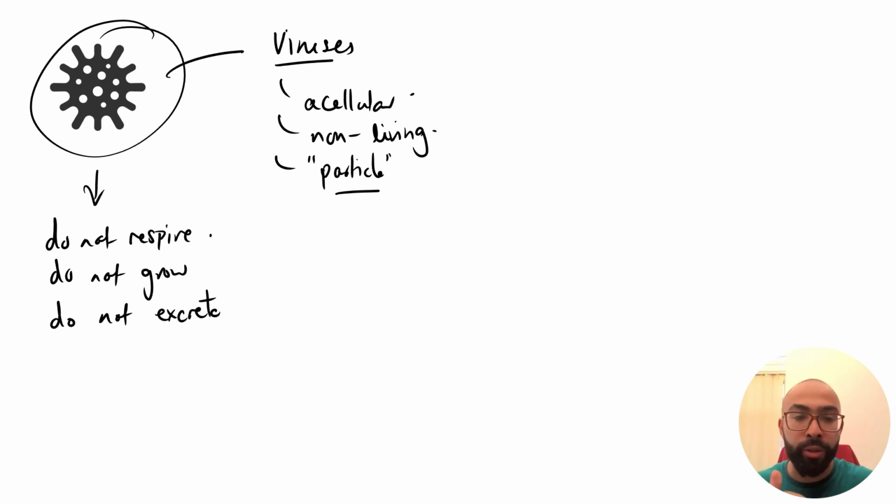They do not respire, they do not grow, and they do not excrete. So to encourage that critical thinking, there'll be an exam question on your end of unit exams. I can predict it. Why aren't viruses considered living, or why are they referred to as acellular, or why are they referred to as just particles? It's because they do not follow those characteristics.